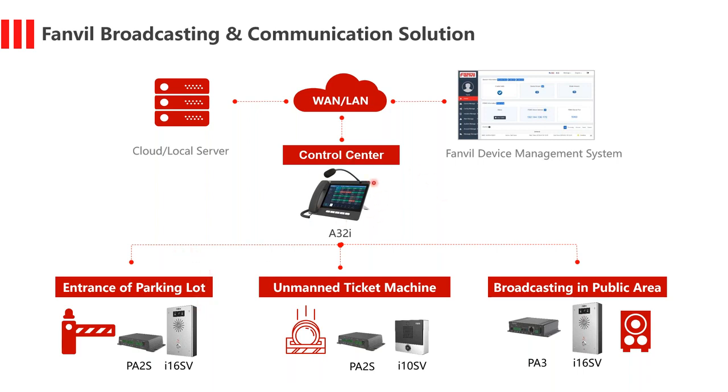When you look at this, you could be local or remote, but each one has its advantages or disadvantages. You can do things like entrance of a parking lot here, where you can go ahead and actually have the PA2S that interfaces. And the difference between this and having an unnamed ticket machine is that these devices, the PA2 and the PA3, the primary difference between them is that the PA2 actually has a localized relay that allows you to control devices.